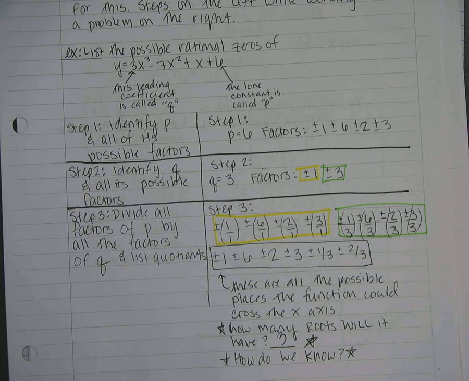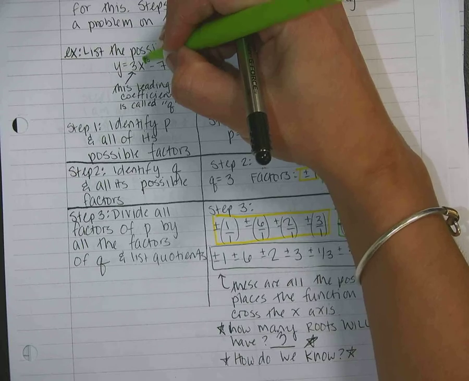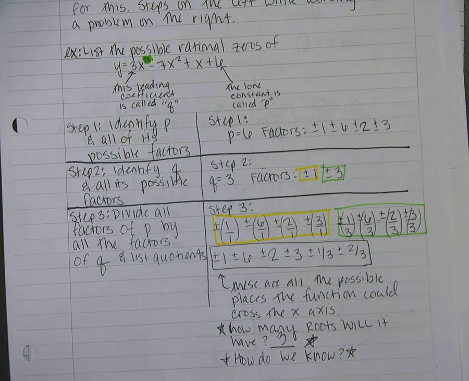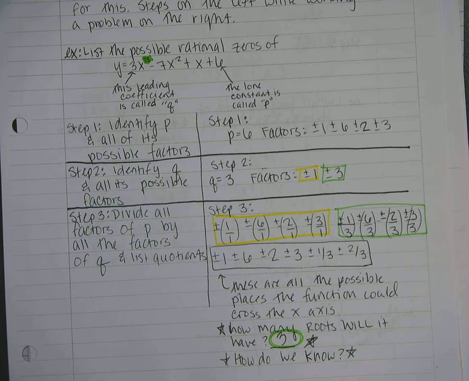Think about it. A quadratic hits twice, and it has the highest exponent of x squared. So the exponent of my leading term, that 3, tells us how many times it will cross the x-axis. Okay, so let's move on and let's try one together.